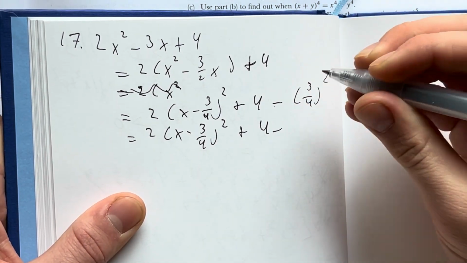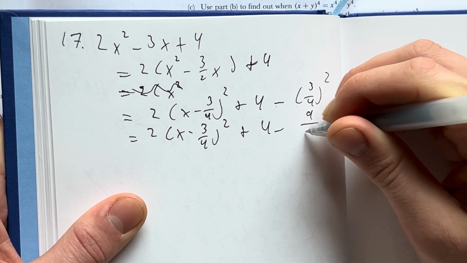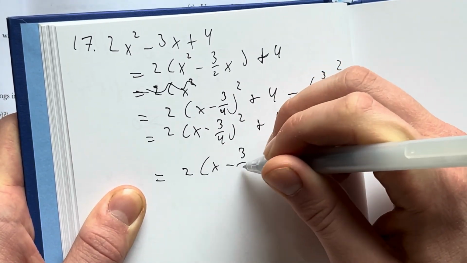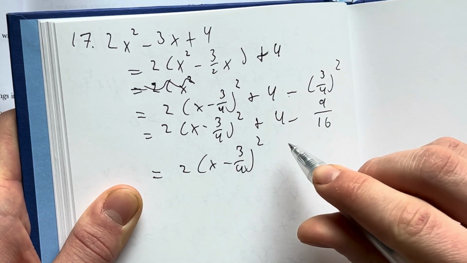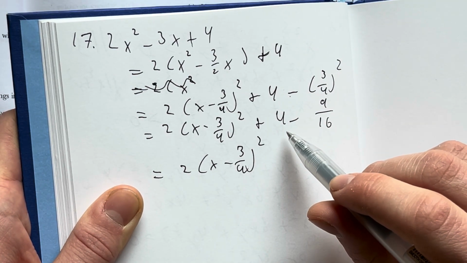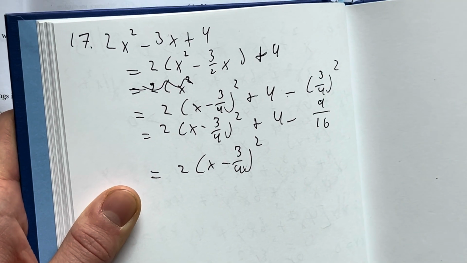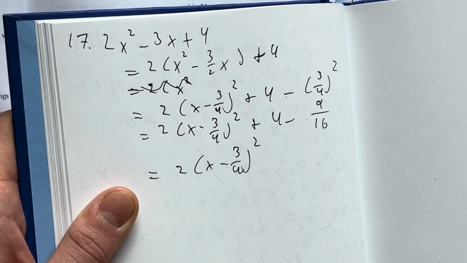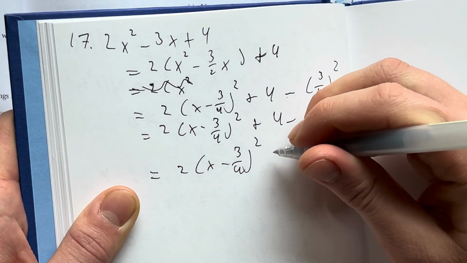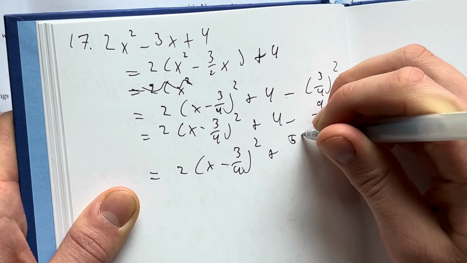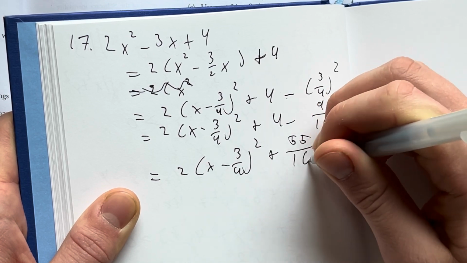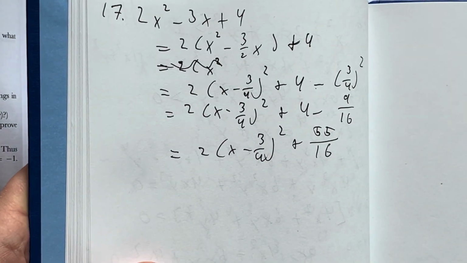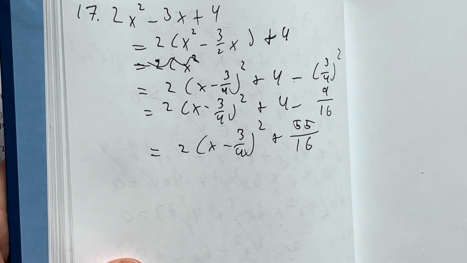Well, it's 4 minus 9 over 16. This is, well, 4 times 16 is 64. 64 minus 9 is 55. Is this the correct answer? I hope so.